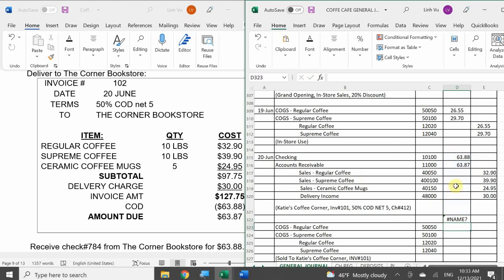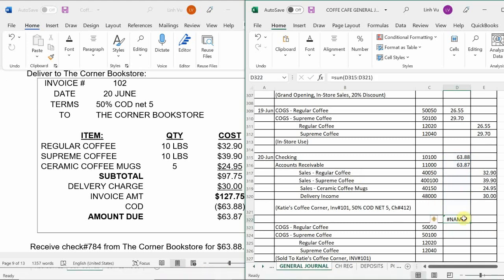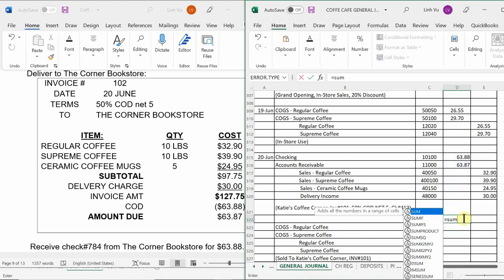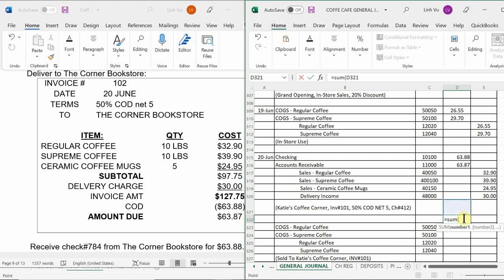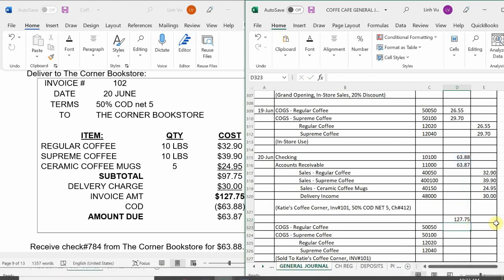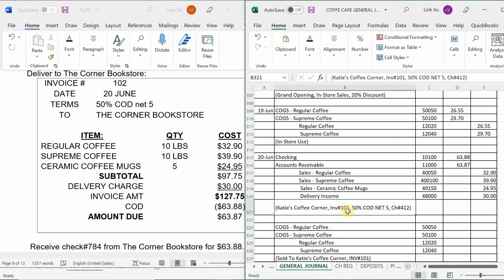So I have a total of $127.75 on the left, $127.75 on the right. Okay. And of course, I'm going to go ahead and make changes to this exact thing here, because we're going to change all of it.